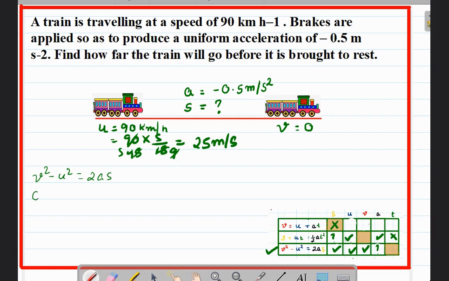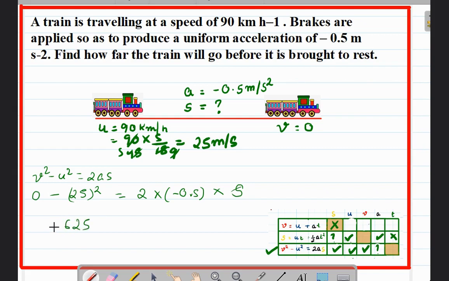Here my final velocity is 0, that is 0 square is 0 itself. Then the initial velocity, as you can see, we have just calculated, it was 25. So 25 square is equal to 2 into acceleration, which is negative, so minus 0.5, into the distance we need to calculate. Distance we don't know, so that we need to calculate. So 25 square is 625.